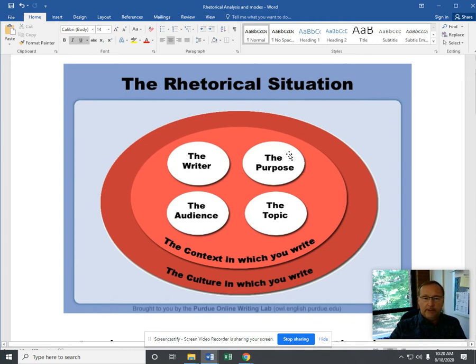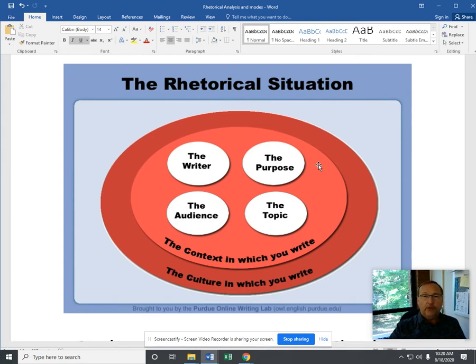Purpose for this class and for writing assignments that you'll do later on focuses on something very specific, and that is: what do you want your audience to do? Not what do you want them to think, but what do you want them to actually do? Because the thinking process is hopefully just a precursor to getting your audience to take some sort of specific action.